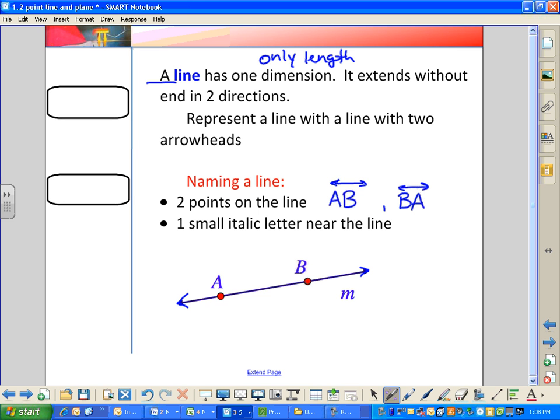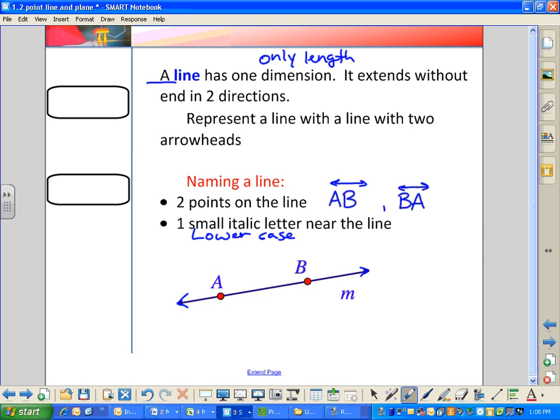The second way that we can name a line is with a small italic letter near the line. It's hard to write in italics, so I just try to make sure it's kind of curvy when I actually write it, like I would do an M like that. And it's always, always, always, let's add this in our notes, it's always lowercase.